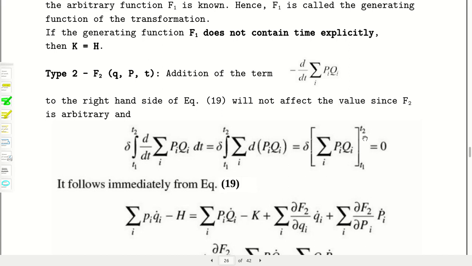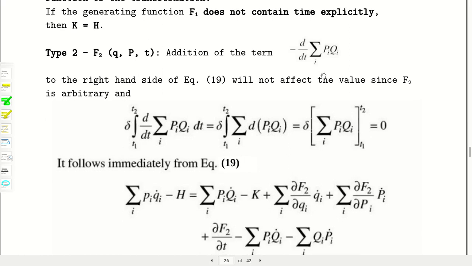So delta of the function Pi Qi at t2 minus delta of the function Pi Qi at t1 are also 0 by the same reasoning, that there is no variation at the limiting points of any kind of function according to the principle of variation. So the result is 0, and we can add this term into equation 19.